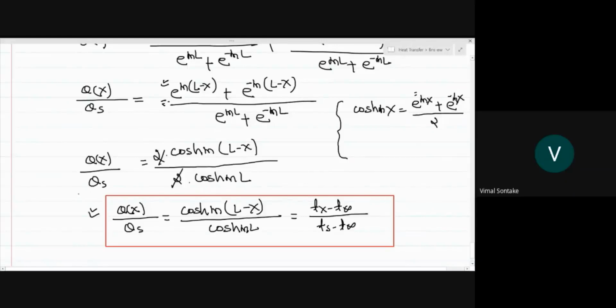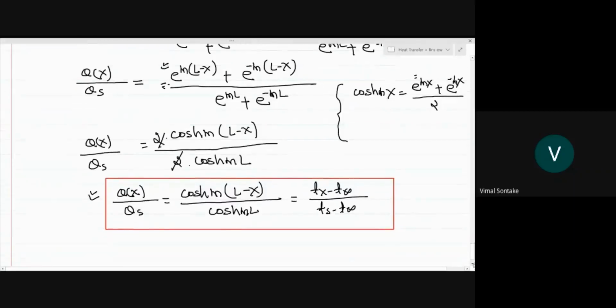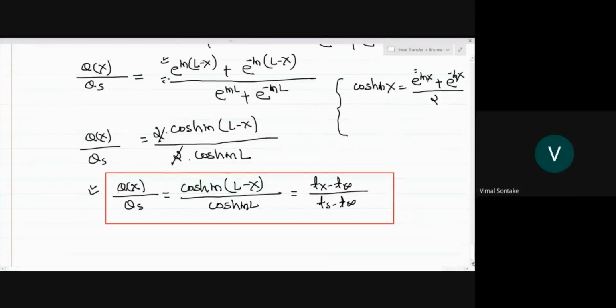After this class, please refer to your data book after 1 p.m. You will find all these formulas are given. Notations may be different, but the equations remain the same. So no need to remember these formulas at all. And these derivations are generally asked in the examination, in the form: derive the governing differential equation for heat transfer through fin and deduce it for case number 1 or 2 or 3. Correct? This way you are supposed to solve this derivation.